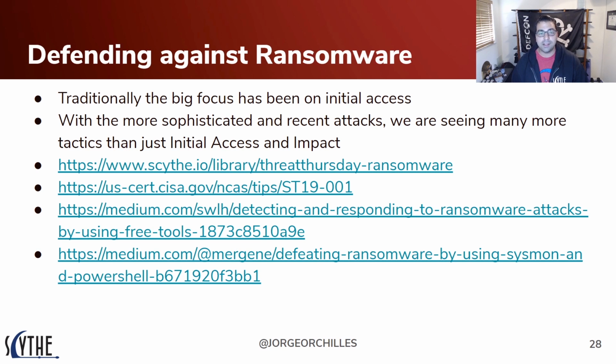But now we're seeing these more sophisticated attacks like Evil Corp's on Garmin, where the threat actor gets access to a system, does privilege escalation, moves laterally, does defense evasion, executes a number of different ways, and then drops their encryption. So there's a number of different ways to defend against this, very similar to your other adversary emulations that didn't have the ransomware type impact. We're now seeing those there.